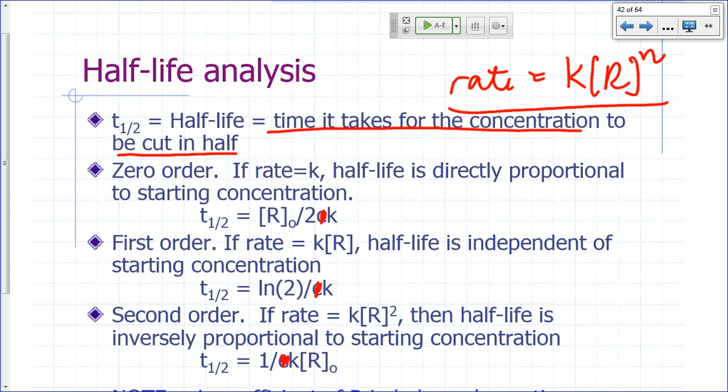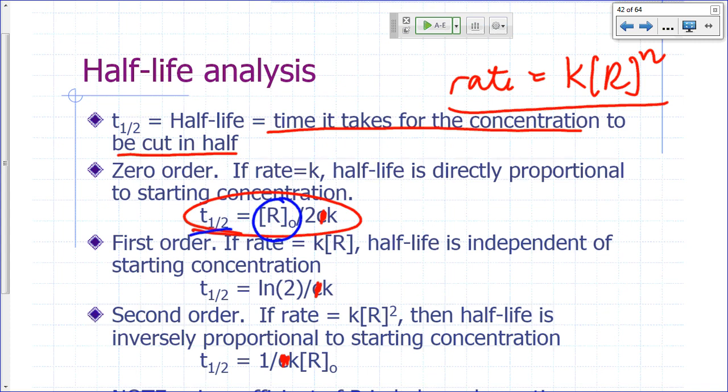Okay? In the case of a zero-order reaction, you'll find that the half-life gets shorter the more the reaction has progressed. As the concentration of R drops, your half-life drops.